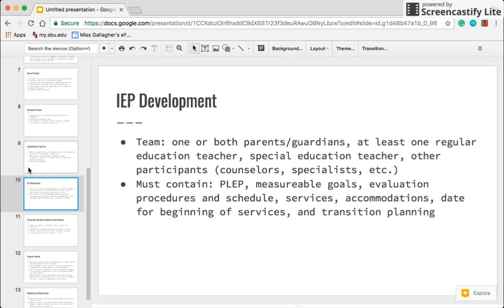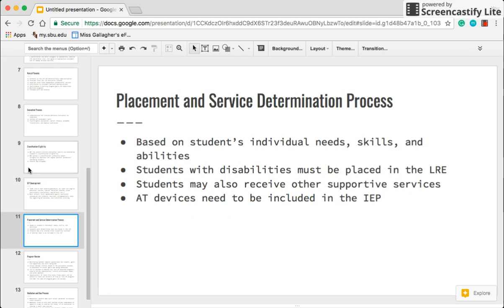The IEP itself must contain a PLEP, which is present level of educational performance, measurable goals, evaluation procedures and schedule, services that the student might need, any accommodations, the date for beginning of services, and any transition planning, whether it is transitioning out of high school to adult life or any other types of situations.